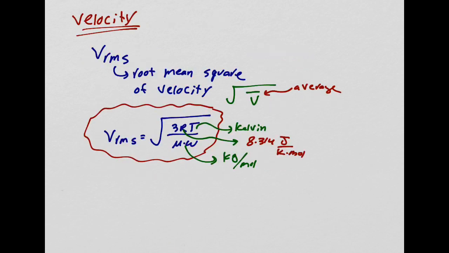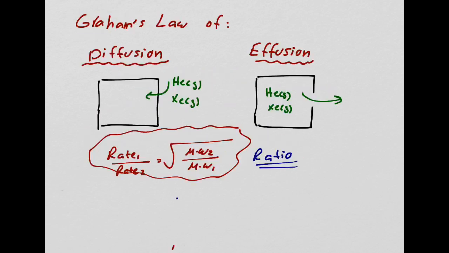And remember, like a minute ago, we said when we have velocity, let me write this nicer, velocity is the square root of 3RT over molecular weight. You guys remember that? We just talked about it over here. 3RT over molecular weight. Okay. So again, it's the same constant. Everything goes back to the molecular weight.